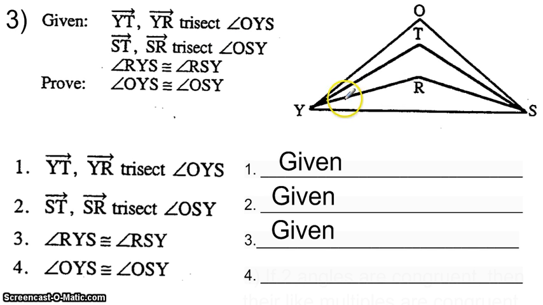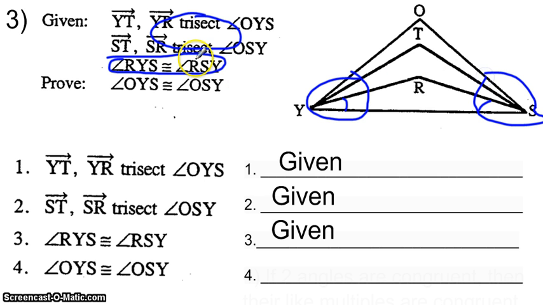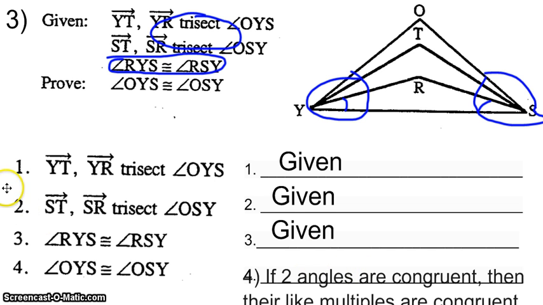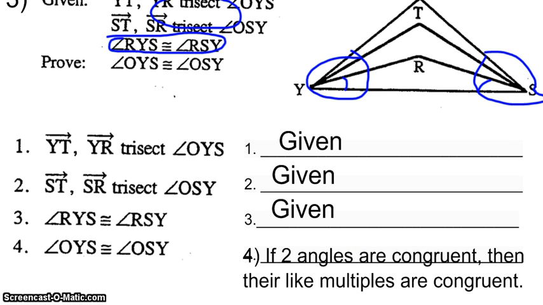In this problem, we are given these angles down here, and we have the double use of trisect. We're trying to go to the larger angles, so we're going from the smaller angles to the larger angles with our double use of trisect. So because we're going from smaller to larger, we can say that if two angles are congruent, then their like multiples are congruent.